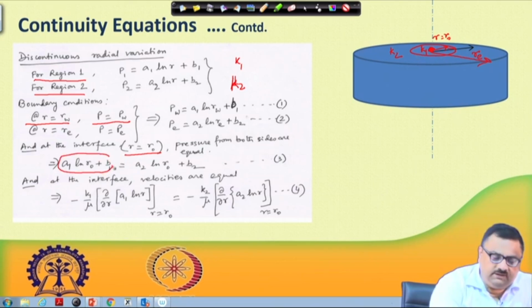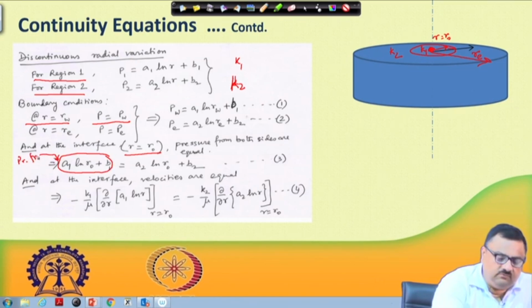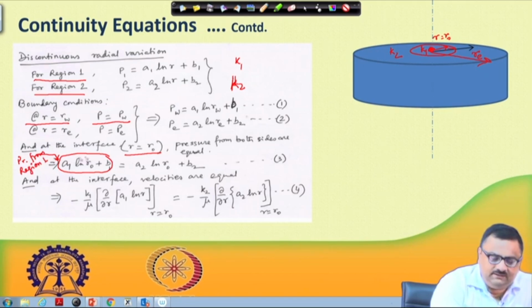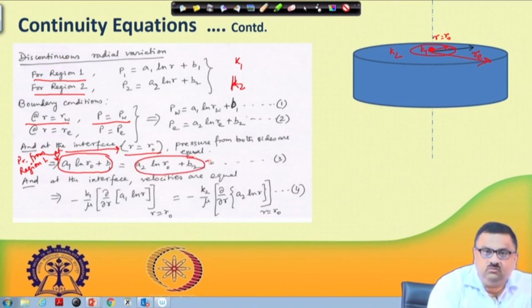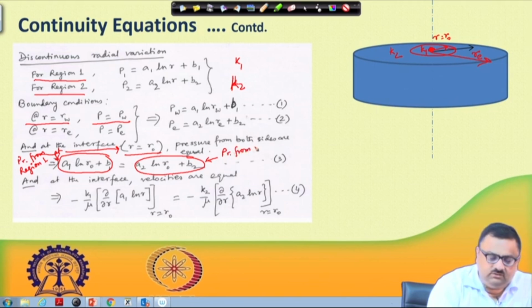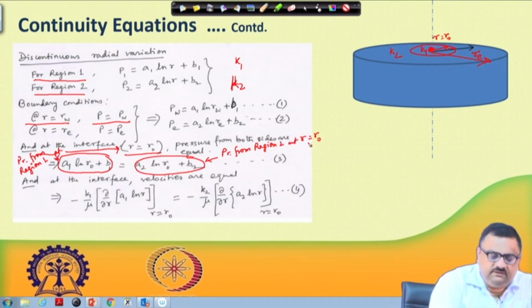This is the pressure from region 1 at r equal to r0, and this is the pressure from region 2 at r equal to r0. These two pressures have to be equal, and at the interface the velocities are equal.